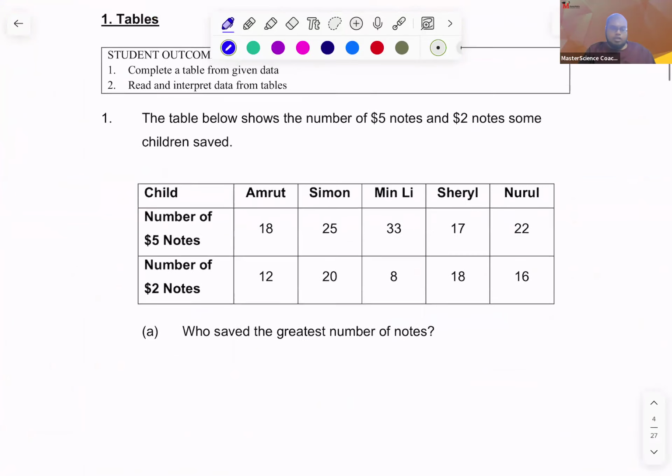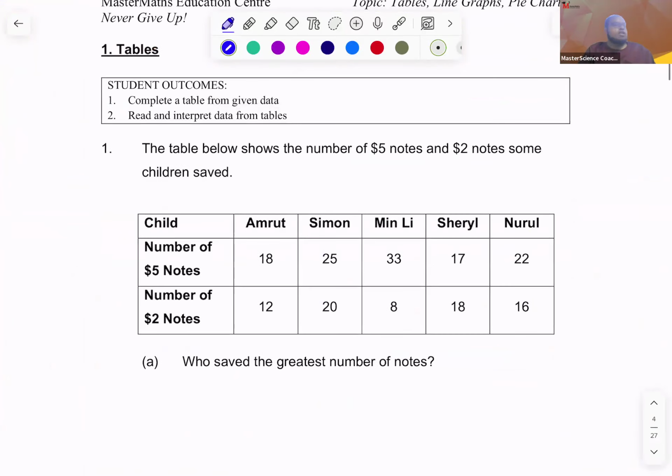Okay. So firstly, we look at tables. Tables basically represent some numbers of certain information. Like in this case, the table below shows the number of $5 notes and $2 notes some children save. So it's saved by Amrul, Simon, Minli, Cheryl, and Nurul.